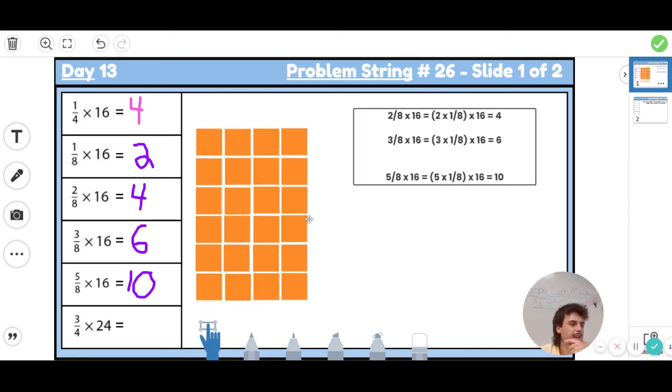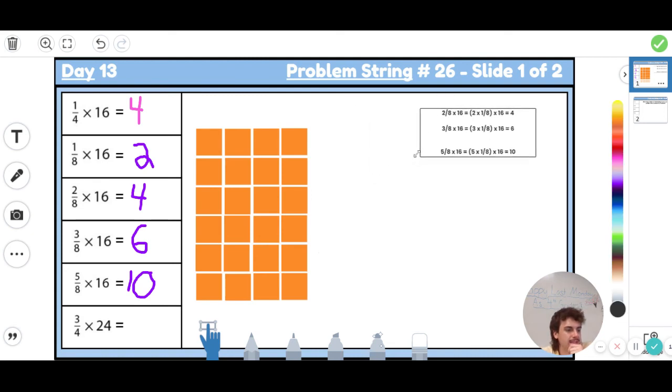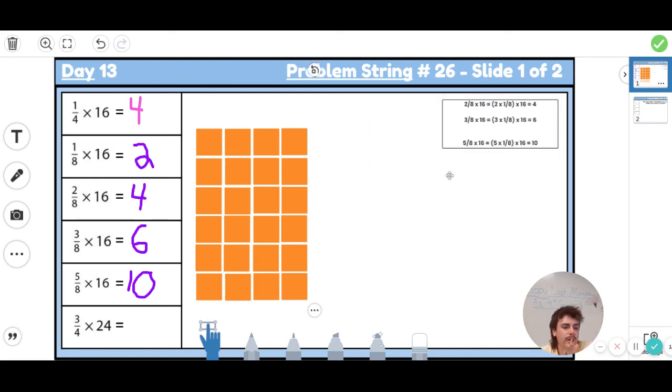All right, so I have 24 pieces right here. You've already solved it, so we're checking our answers right now. So with this, I have 24 cubes here. And so I'm going to try to figure out 3/4 times 24. What I'm going to first try to do is figure out what is 1/4 of 24. Look at how I set it up.